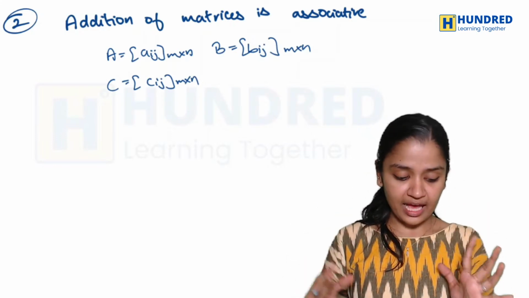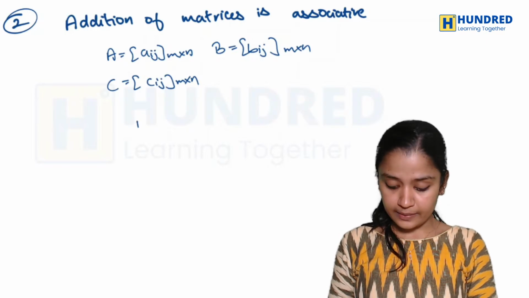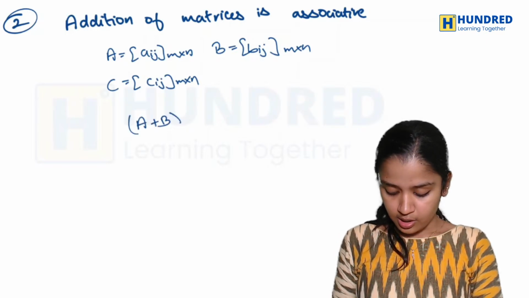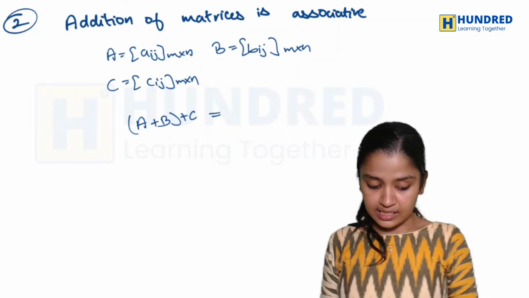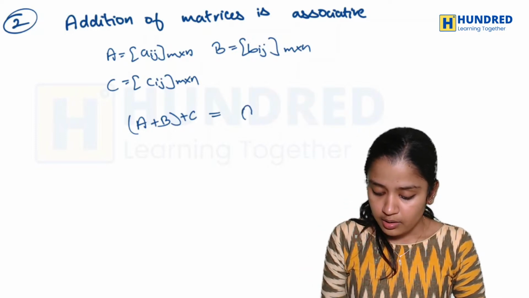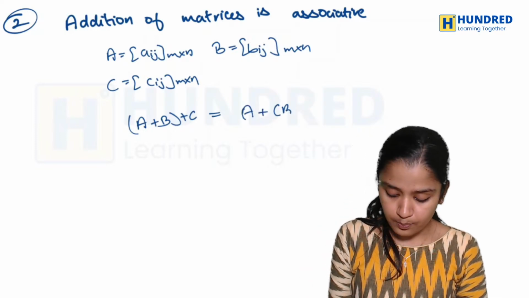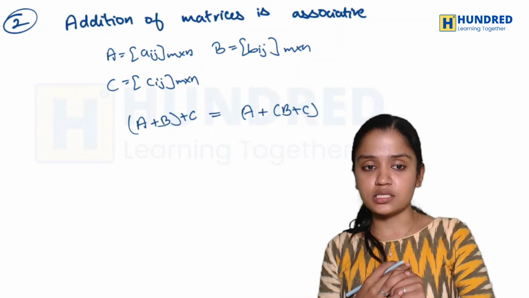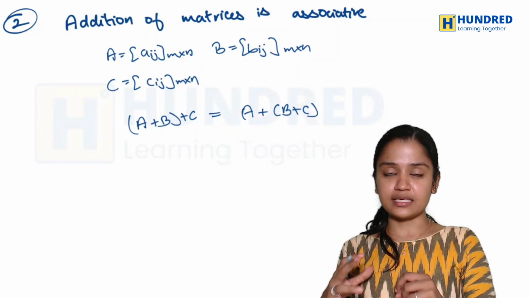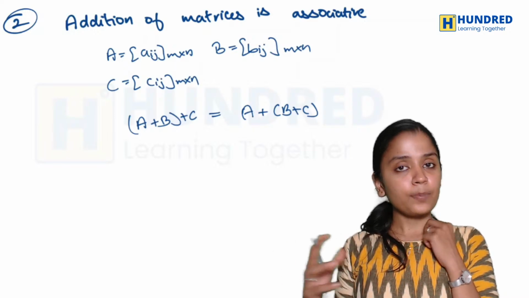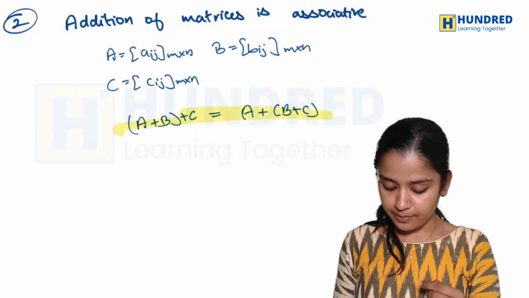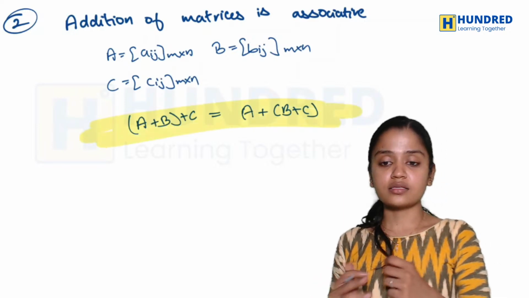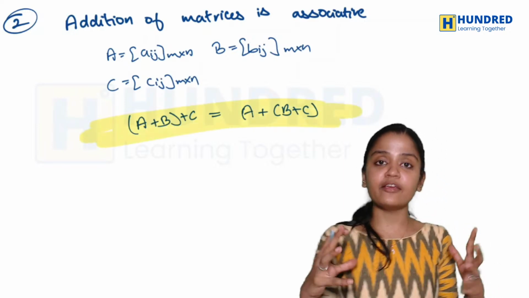Now I have to add. So basically it will be (A plus B) plus C is equal to A plus (B plus C). This will be my answer. Okay, so this is my final answer.